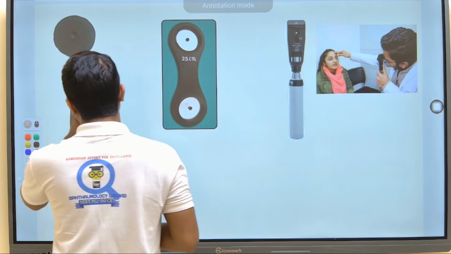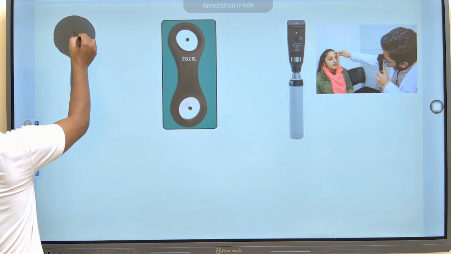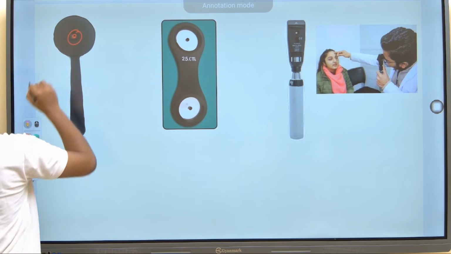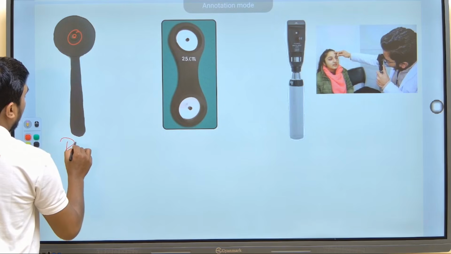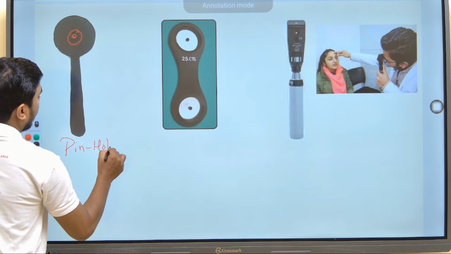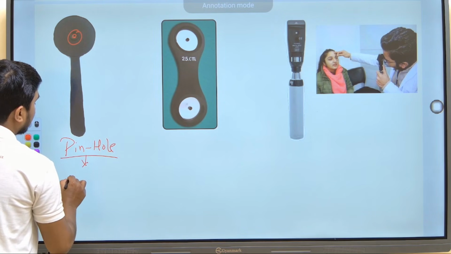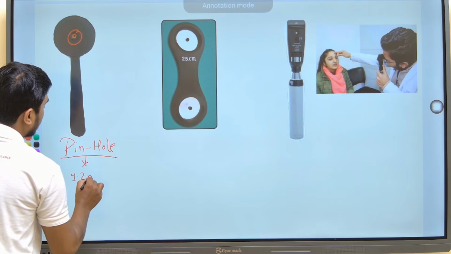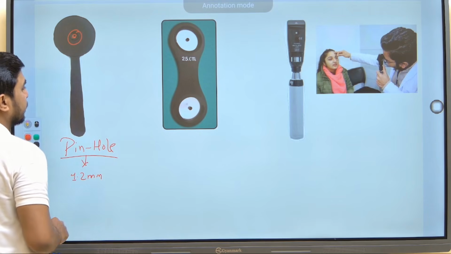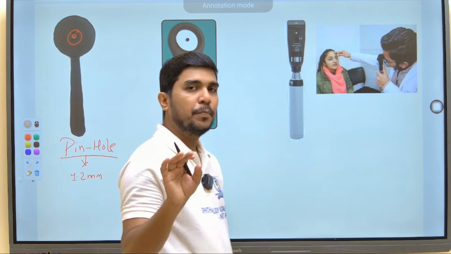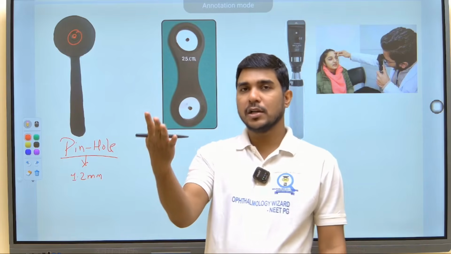Okay, I will tell you. Can you see some hole here? This is the pinhole. What is the diameter of the pinhole? It is 1.2 millimeter. This is very important to know grossly.